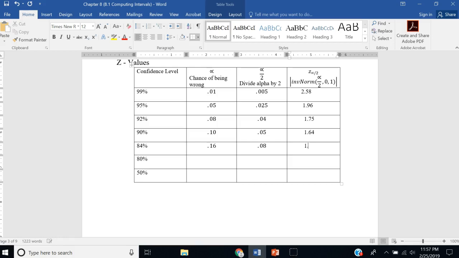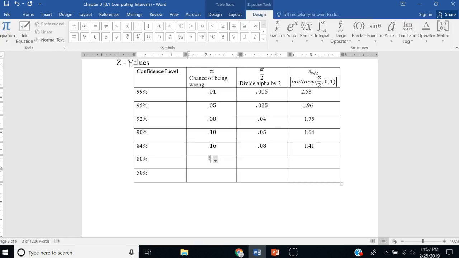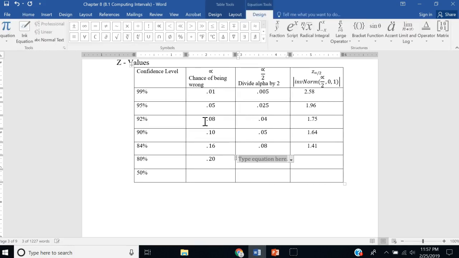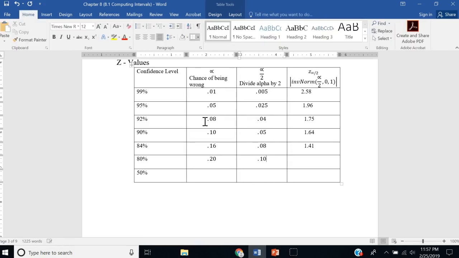Again, we're using the positive 1.41 in our z of alpha over 2. 80% chance, well, now you get the picture. 20% chance we get it wrong, 10% chance in each tail. Inverse norm of 0.10, and you get a 1.28.